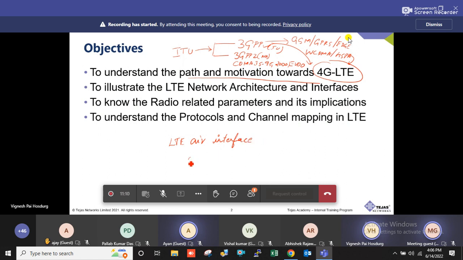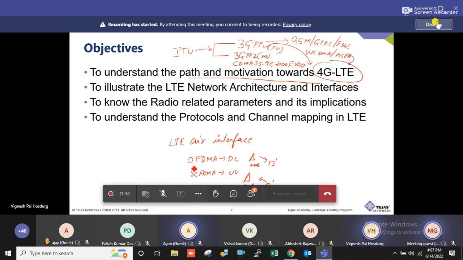Yesterday we only discussed OFDMA, which is downlink, and SC-FDMA, which is uplink. Downlink, as we mentioned, is from the eNodeB to the mobile, and uplink is from the mobile to the eNodeB.